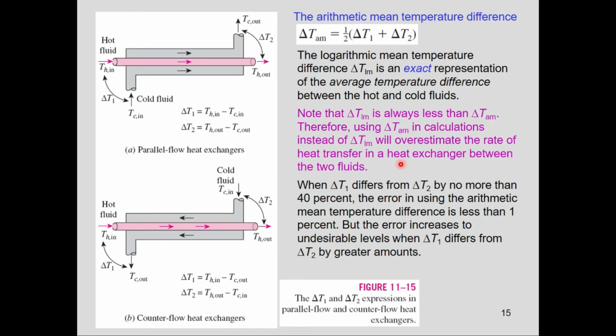So when delta T1 differs from delta T2 by no more than 40%, the error in using arithmetic mean temperature difference is less than 1%, right? But the error usually increases to undesirable levels when delta T1 differs from delta T2 by greater amounts.